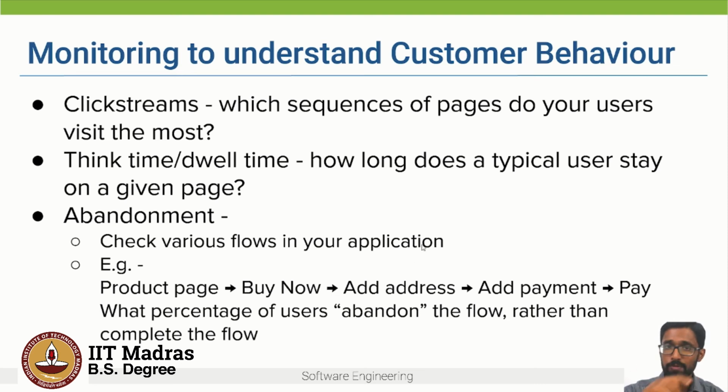If this is a flow, we can check what percentage of users abandon the flow rather than complete the flow. Completing the flow is a desirable path for a business or for the product, whereas if the user abandons this flow in between, that results in loss of business for that particular customer, right? So what percentage of users abandon this flow is an important metric which we can monitor.